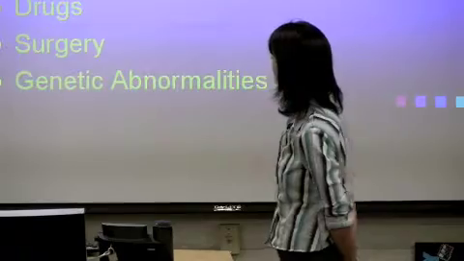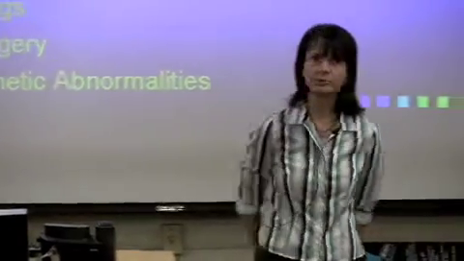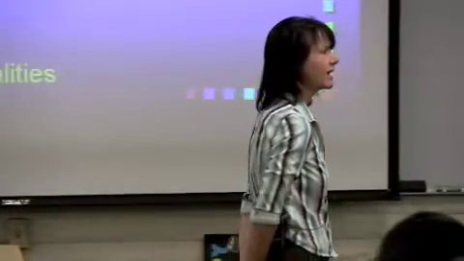Strokes. Strokes can be ischemic or hemorrhagic. We'll talk about that a little bit. Metabolic disorders. Remember when we studied liver? We talked about how the buildup of ammonia can cause a neurological problem. Hepatic encephalopathy, something that's happening in the liver that causes brain problems. Well, that's what it means when we talk about metabolic disorders.